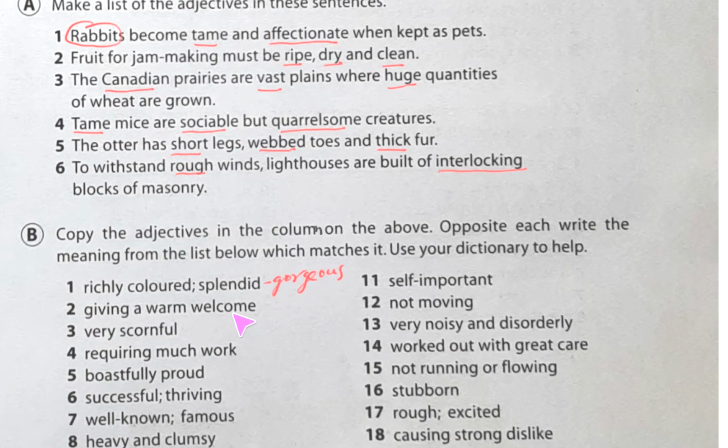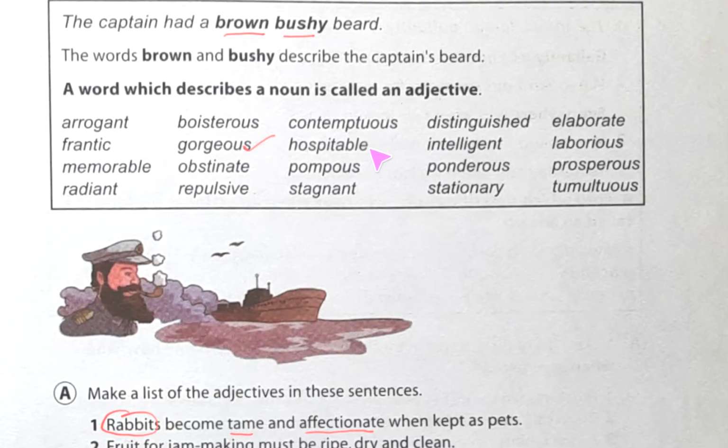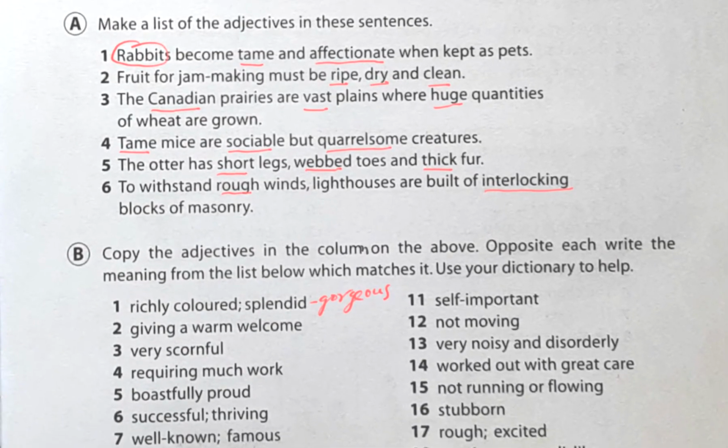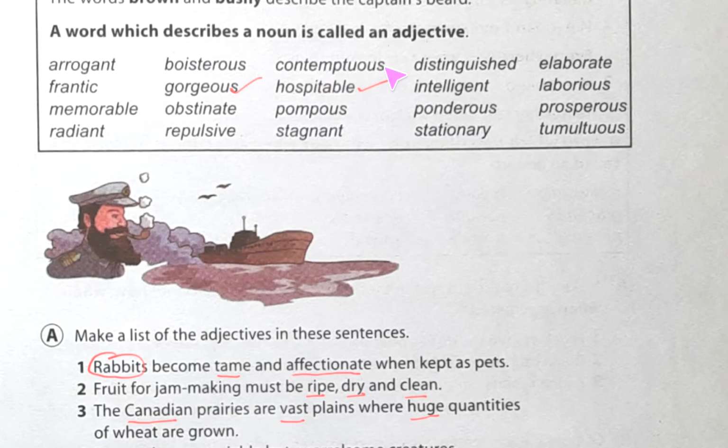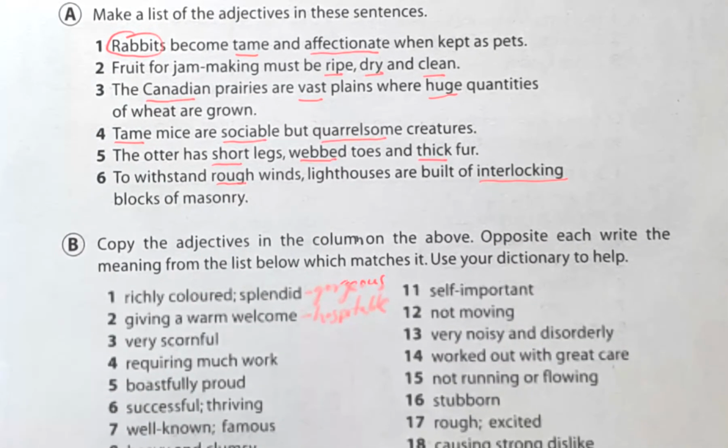Giving a warm welcome. The answer will be hospitable. Write it here, hospitable. Next one, very scornful. Its answer will be contemptuous. Write right here, contemptuous.